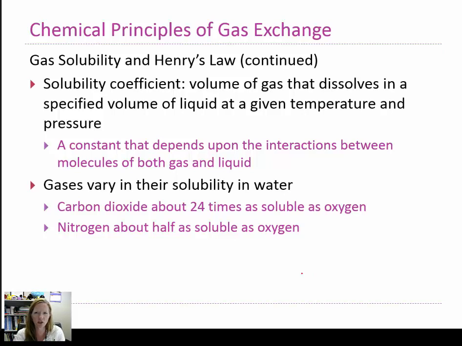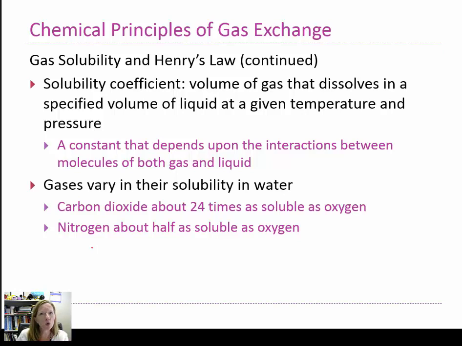It also depends on something called the solubility coefficient. This just means how easily it dissolves. So the volume of gas, let's read it: the volume of gas that dissolves in a specified volume of liquid at a given temperature and pressure. So this is just a constant, and it's going to depend on the interactions between molecules.